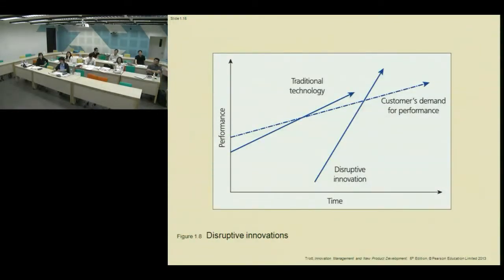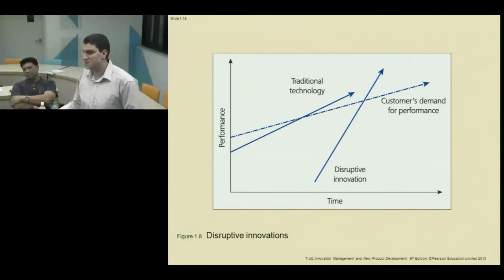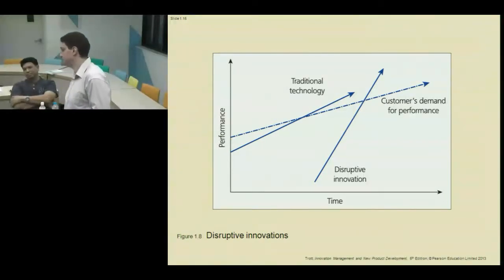Okay, we have traditional technology on one hand. You see the arrow: performance over time. We have technology, and we have the customer's demand for performance. For example, with traditional technology, you have iPhone 1.